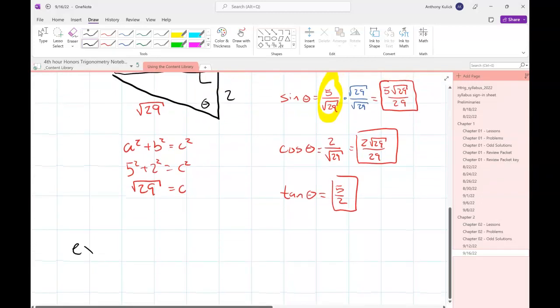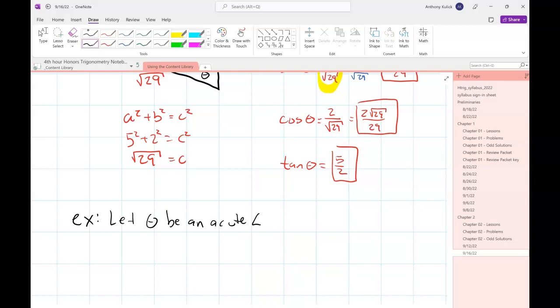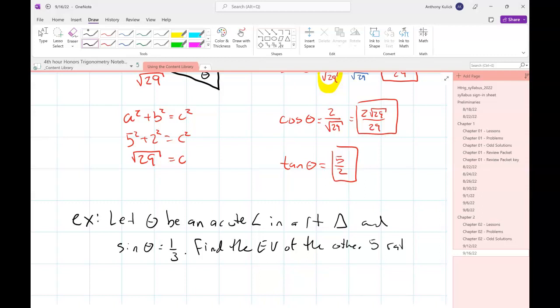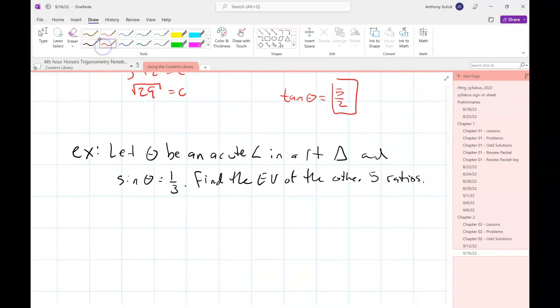All right. Let's say that we have some angle theta that's an acute angle on a right triangle.